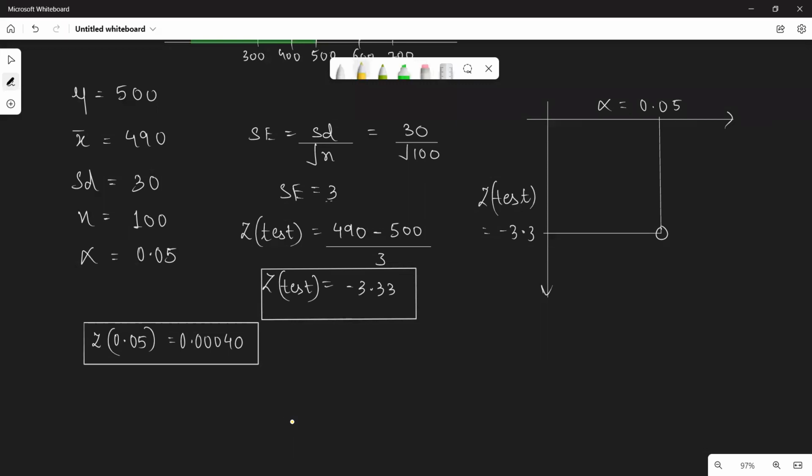Because this value marks the beginning of the rejection region.